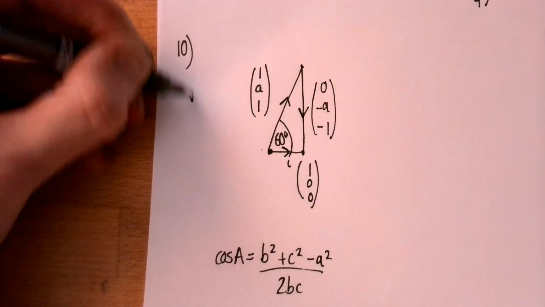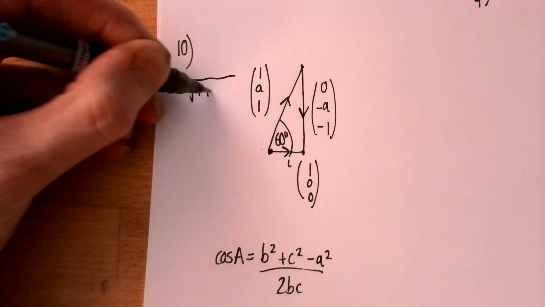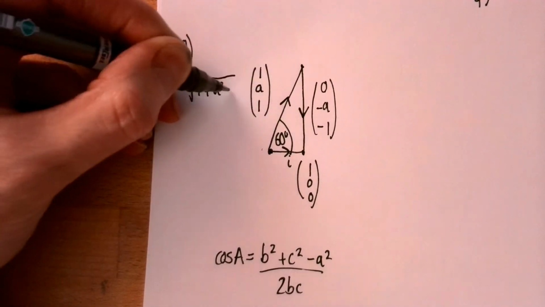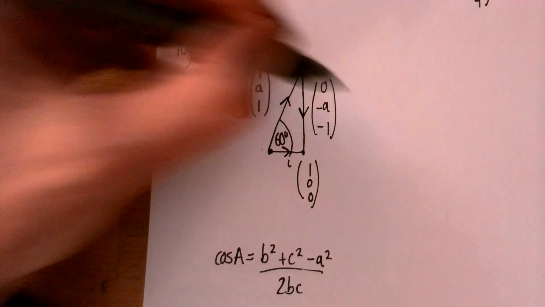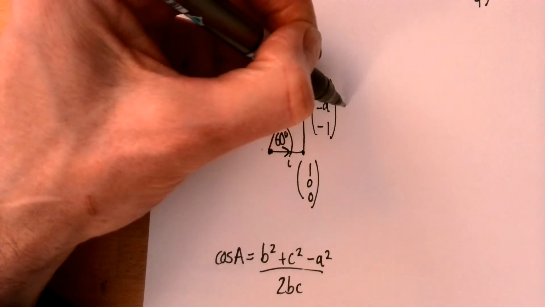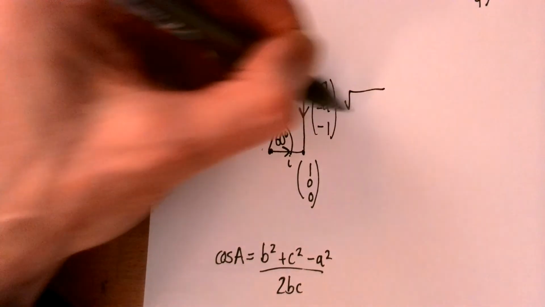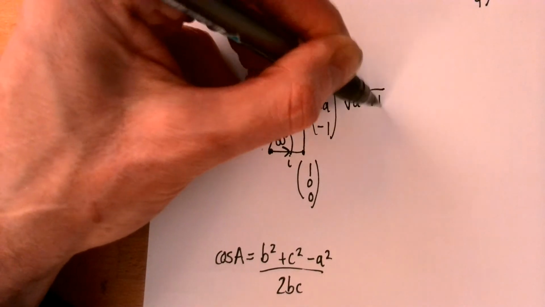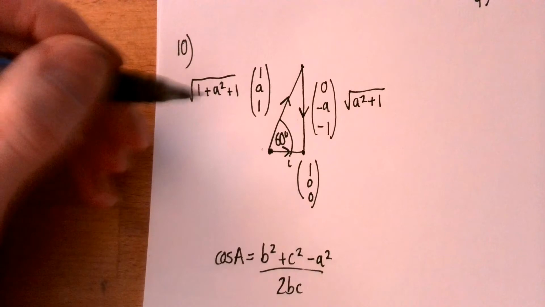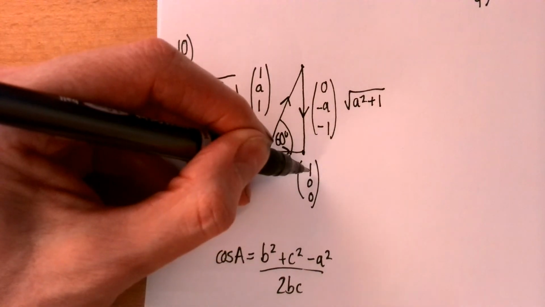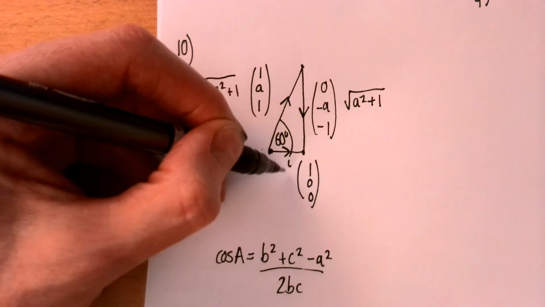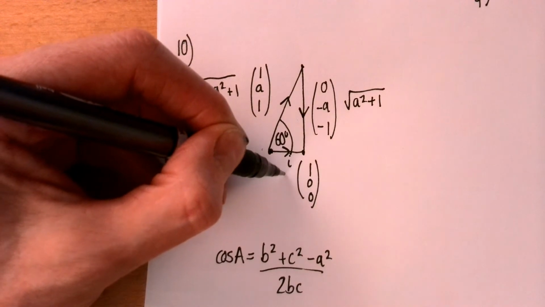So the length of this one is the square root of that squared plus that squared plus that squared. I'm going to work out the length of this, which is that squared plus that squared plus that, and I'm going to work out the length of this, which is just the square root of that, so that's just 1, obviously, unit vector, always a length of 1.